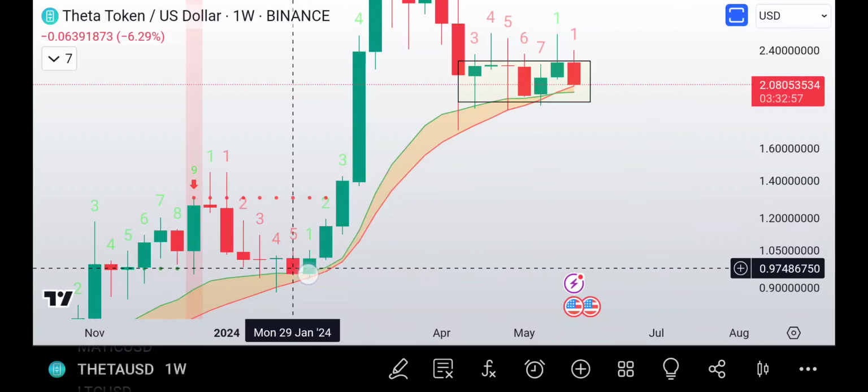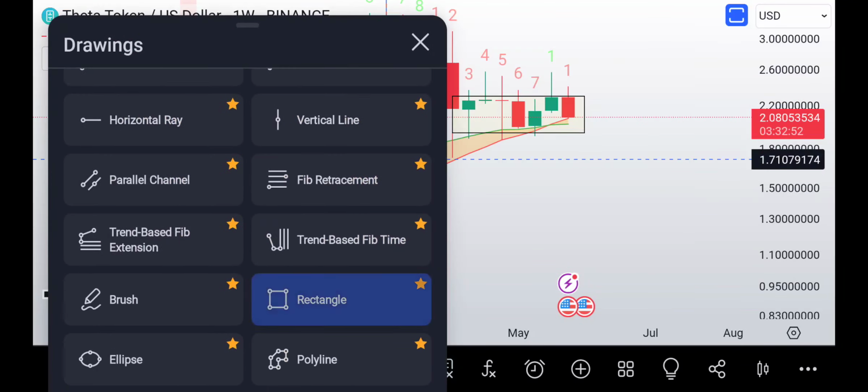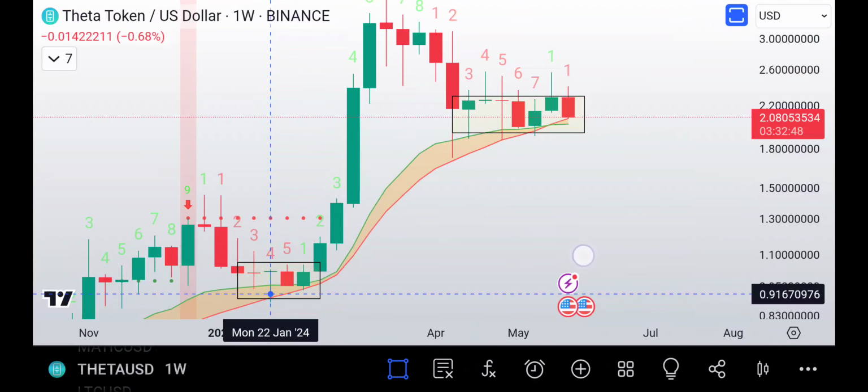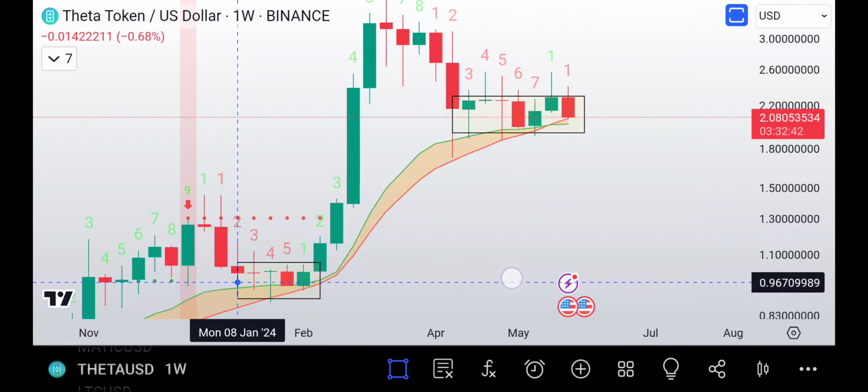Because you can see down here, look at this. We developed a base down in here, and when you look back in time, imagine buying at 93 cents. Imagine buying at 96 cents. We talked about this.